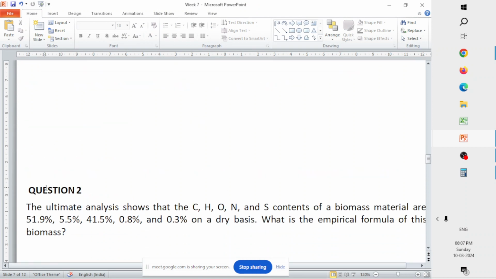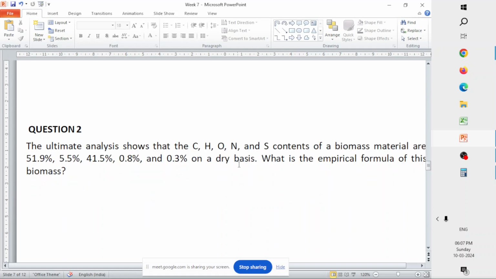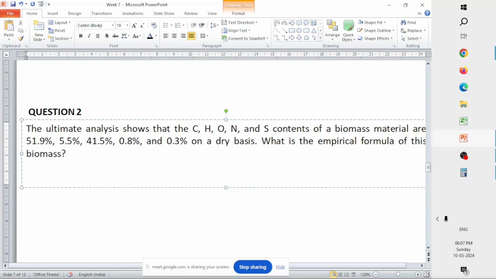So this is how you actually calculate the percentage of carbon, hydrogen, sulfur, nitrogen and oxygen present in your biomass sample. Then this question is related to calculating the empirical formula. So this is very simple. I have found out the percentage of carbon, hydrogen and everything on a dry basis, and it is already given to us. Here we are just asked to calculate the empirical formula for the biomass. So that's a 12th grade problem.